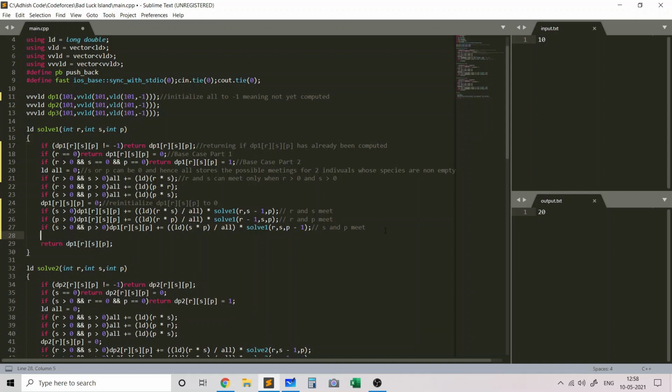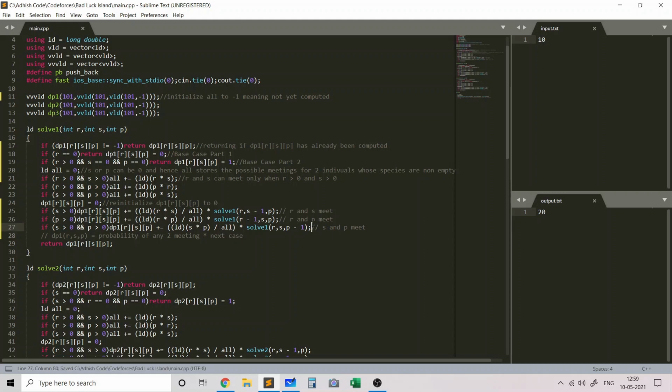So what I'm computing is the probability of any two meeting into dp1 of r minus 1, s. So basically the probability of any two meeting into the next case.